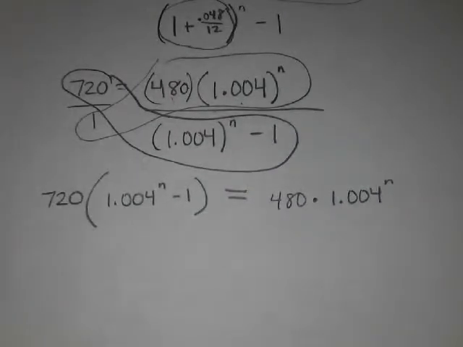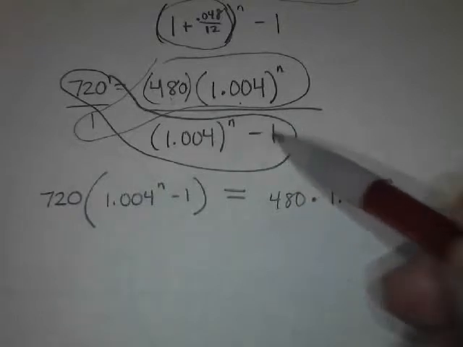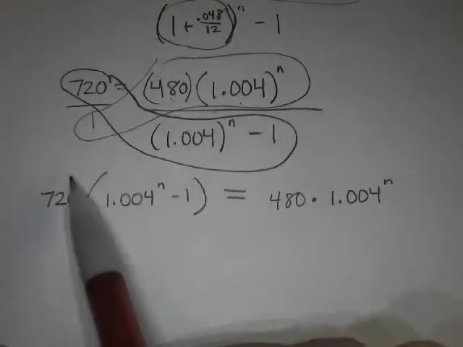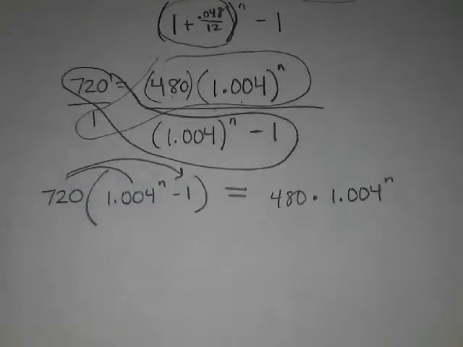I have to get my 1.004 to the nth power terms on the same side of the equation. I have to. Okay? They were on the same side of the equation already, but they were being divided and there was a binomial involved, pretty ugly. I need to distribute this. Now again, I cannot multiply 720 by 1.004 and get a new number.